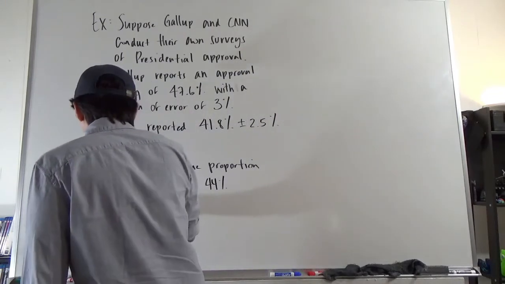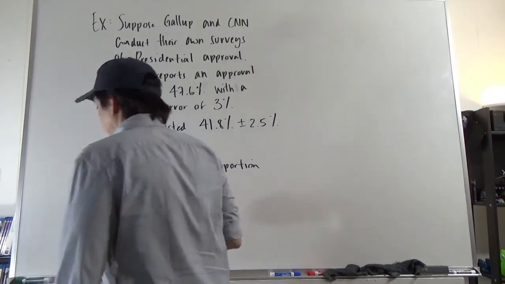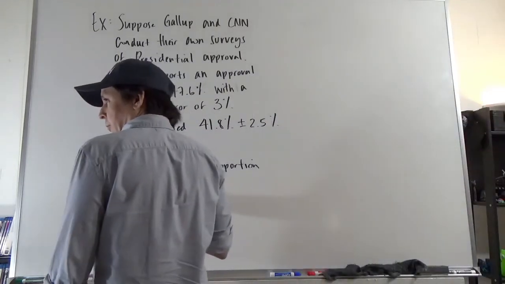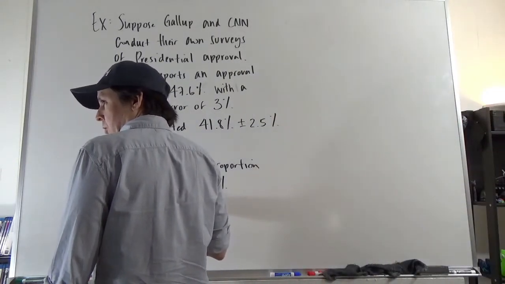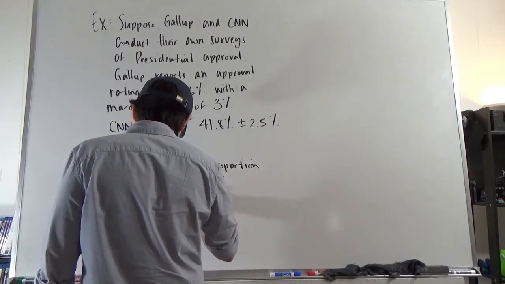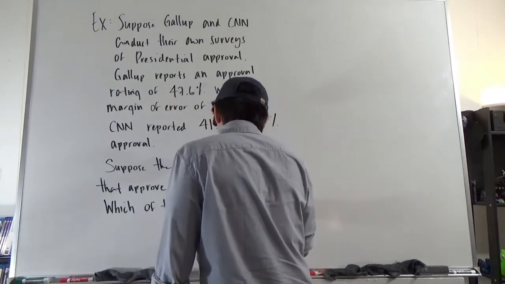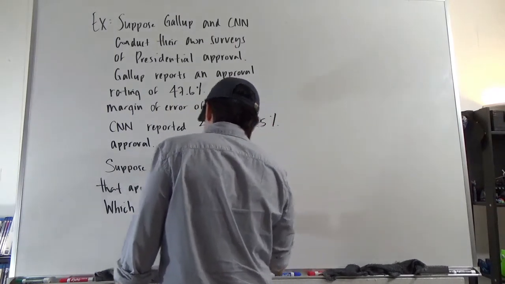Which intervals contained the true percentage? Which means which of them were correct and which were wrong. Which of the CIs contain the true proportion?